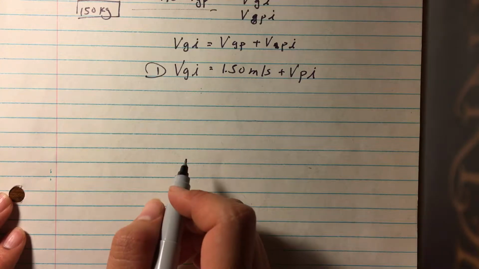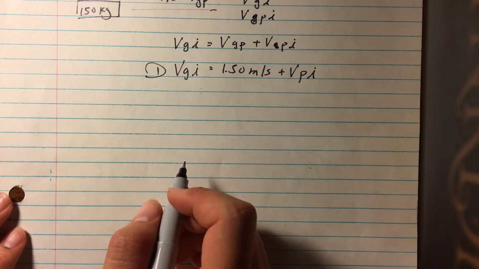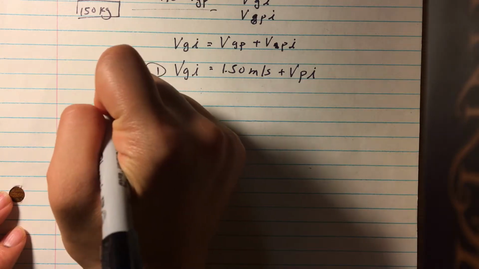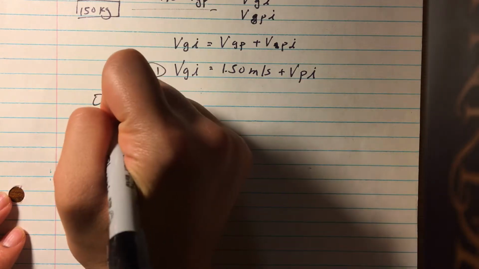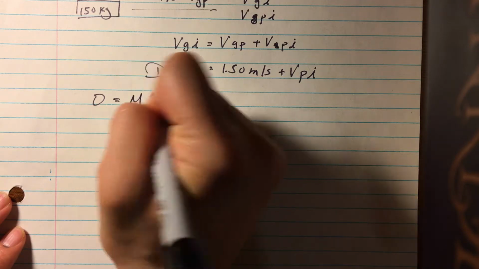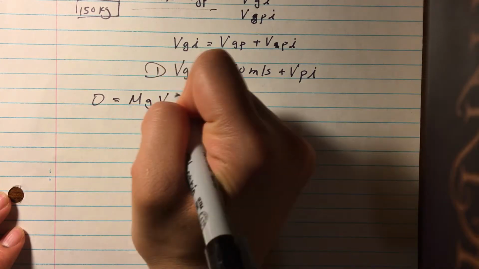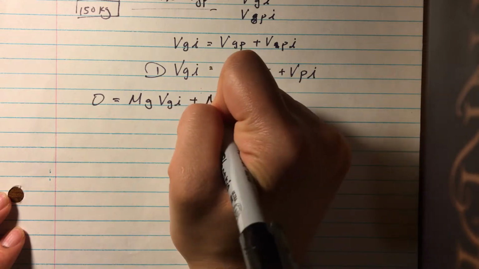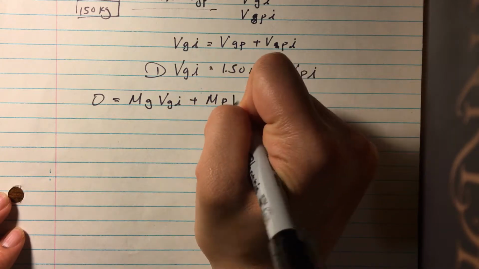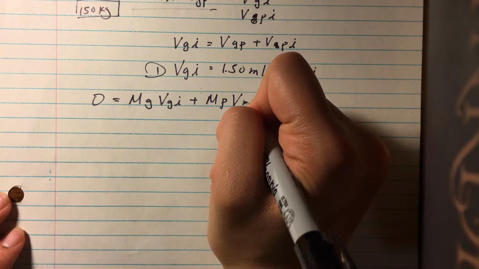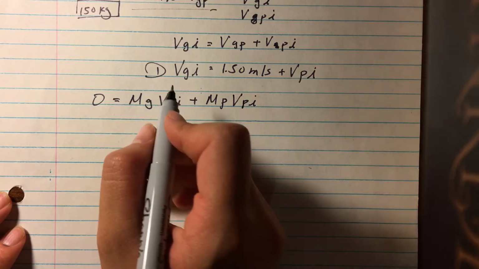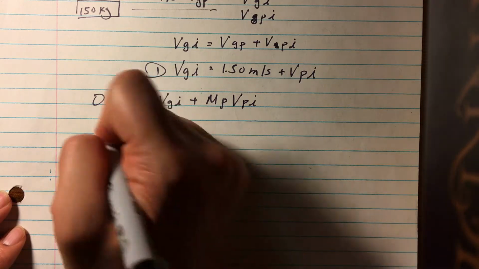The second equation you have is related to the conservation of momentum. Your initial momentum would be 0 because it starts at rest. And that would equal the mass of the girl times her velocity relative to the ice plus the mass of the plank and the velocity of it relative to the ice. And then we can substitute in numbers now.